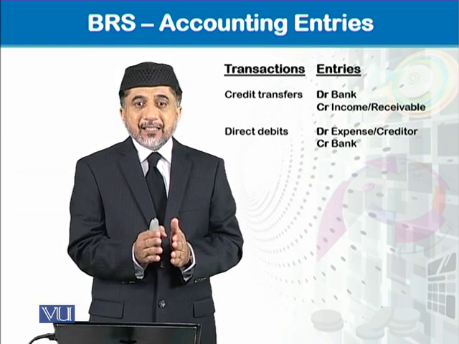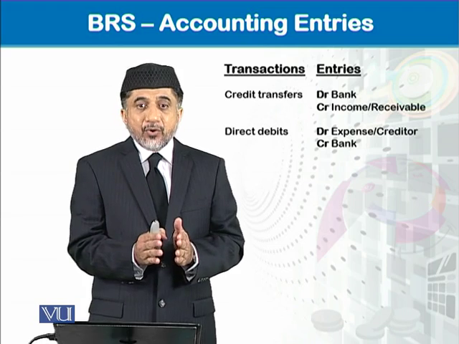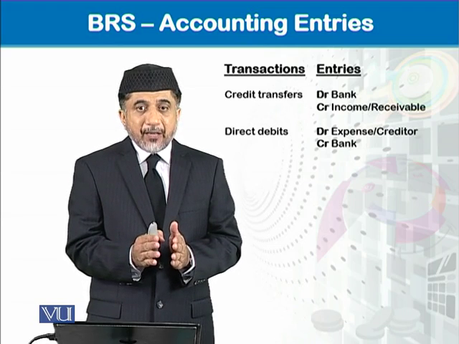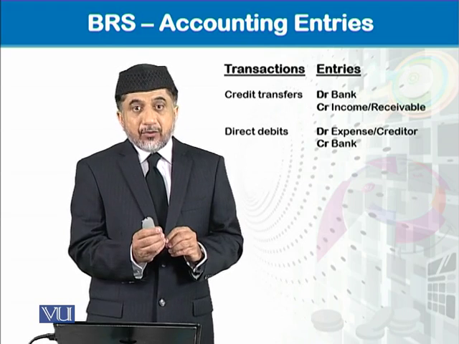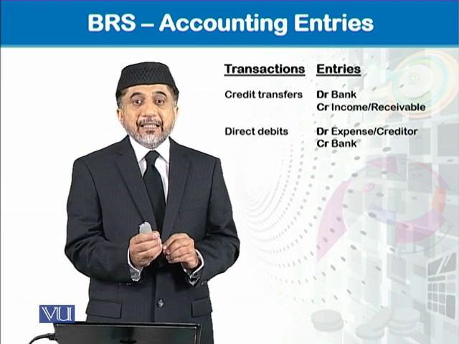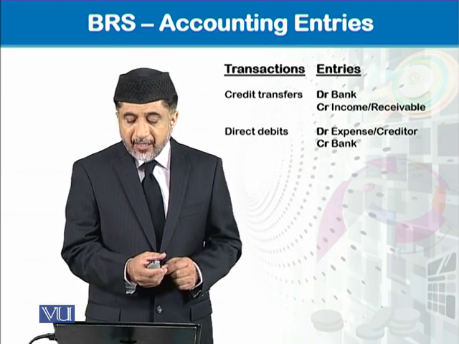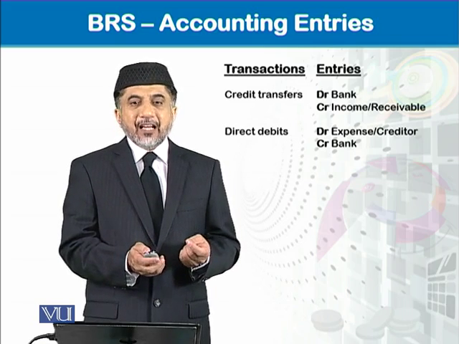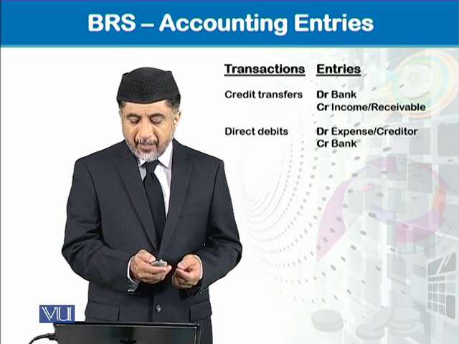This transaction had already happened. So when we get to know about the direct debit, we have to credit the bank account in order to record the decrease in the bank, and we will debit the reason, which can be an expense or a creditor or payable.